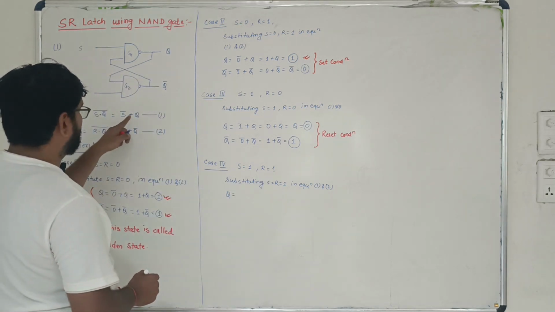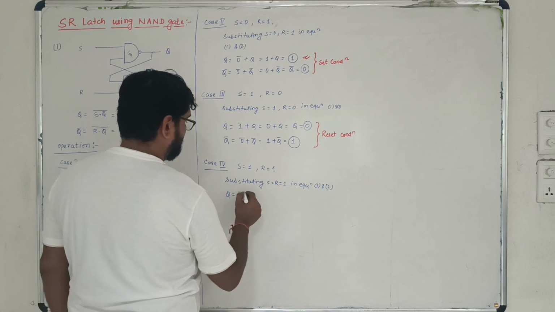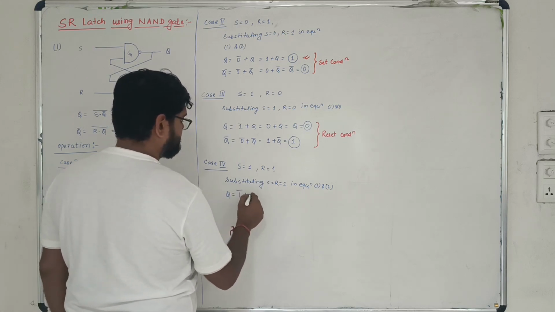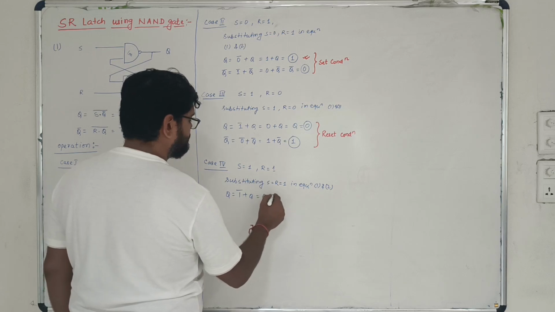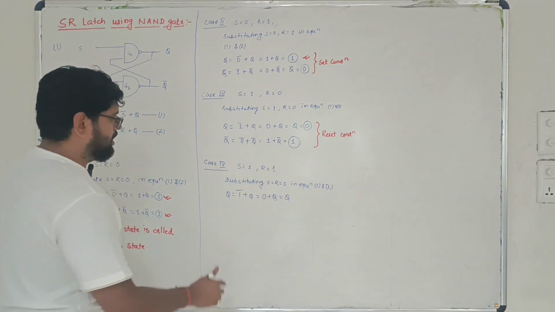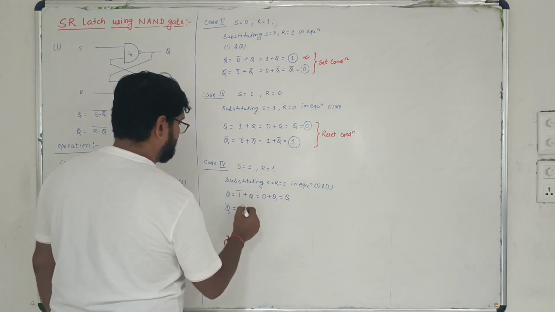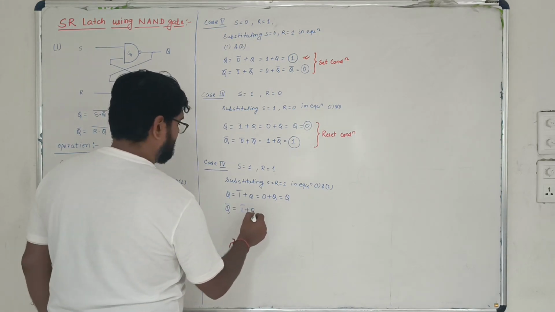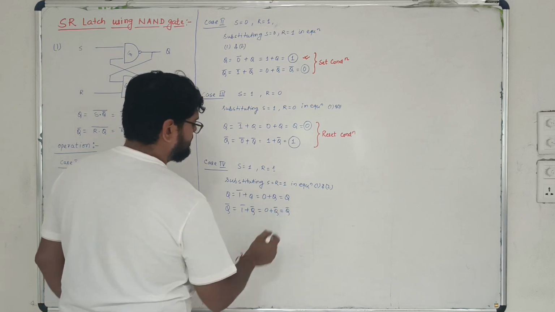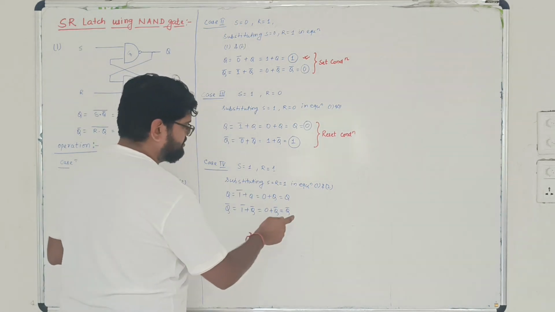It is s bar plus q. So 1 bar plus q. 1 bar is nothing but 0 plus q is same q. Keep it as it is. Now q bar equals to once again 1 bar plus q bar. 1 bar is nothing but 0 plus q bar equals to q bar. So you can see that q is coming same as q, q bar is coming same as q bar.